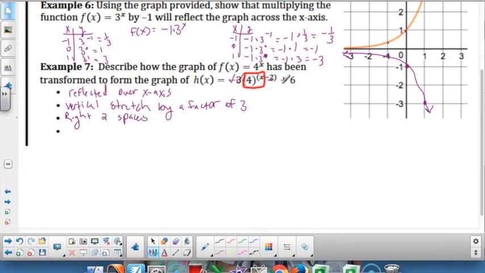And then that last one, I've taken care of my subtraction of 2, and then I've got adding 6. Adding to the entire function, not just the variable, moves it up 6 spaces, or 6 units, however you want to say that. So that's done too. There were 4 extra values in here, and all 4 of those things have been taken care of.